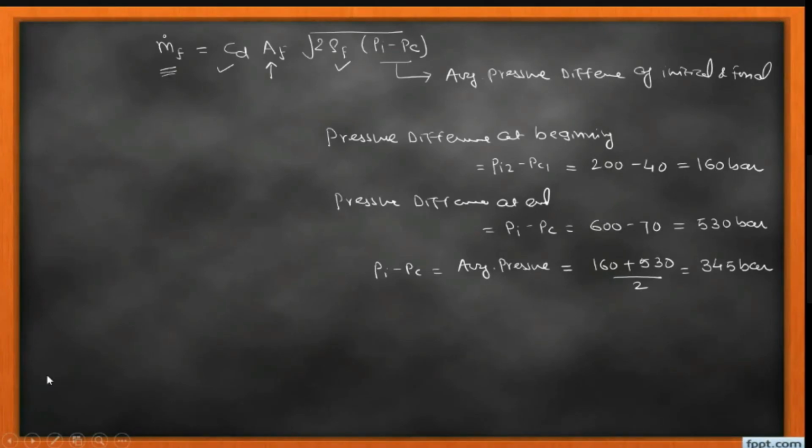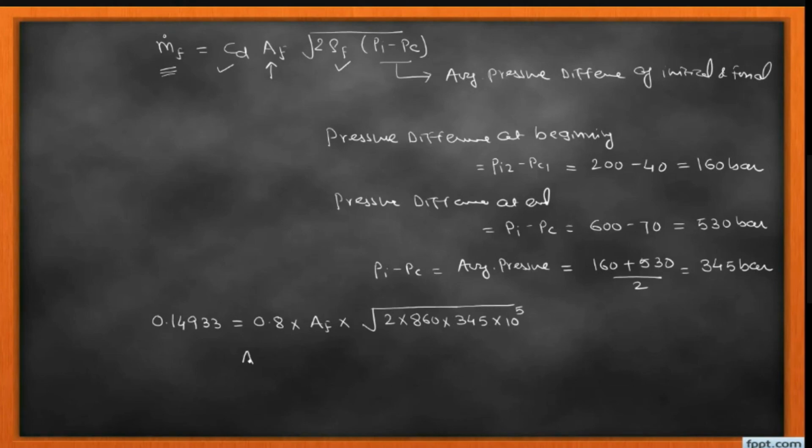So we get m dot, I just write the formula, 0.14933 equals the coefficient of discharge, which is given as 0.8, the area of the fuel nozzle, which is unknown, then the square root of 2 into the density of fuel, given as 860, into the average pressure difference, 345 bar, and we need to convert it into Newton per meter square by multiplying by 10 to the power 5.